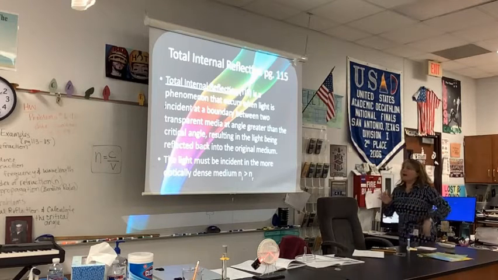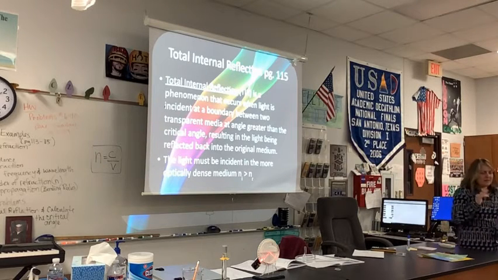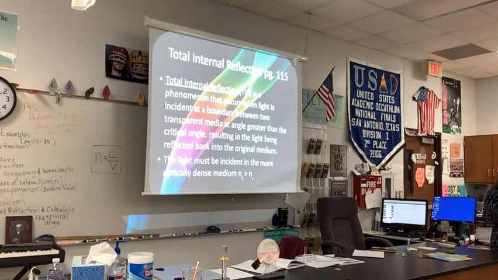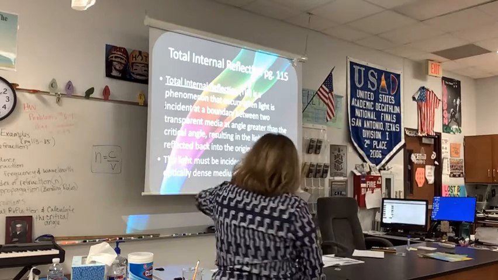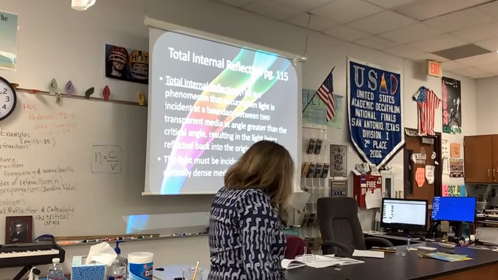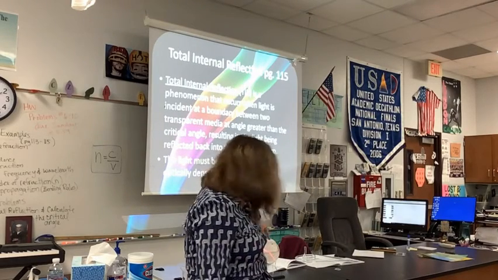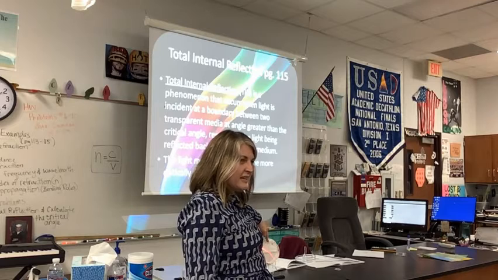Okay, so when light is incident in the more optically dense medium, notice here the light was incident in the water. I don't get the same effect when the light is incident in the air, right?